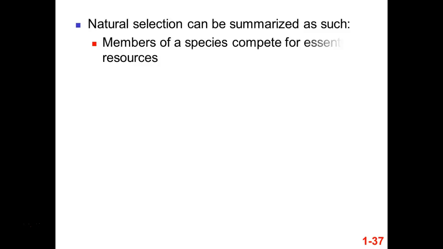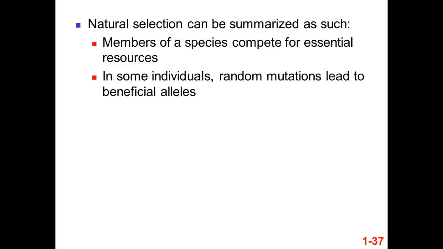All right, so members of a species compete for resources, right? The best ones, the best suited for the environment, are going to win. They're going to grow up, have babies, and their genetic makeup is going to predominate the population. Random mutations, like the group in Africa, you really win the genetic lottery sometimes. You no longer are going to get killed off by that disease.